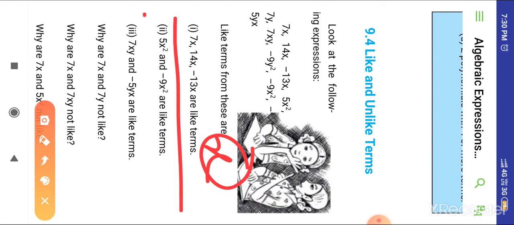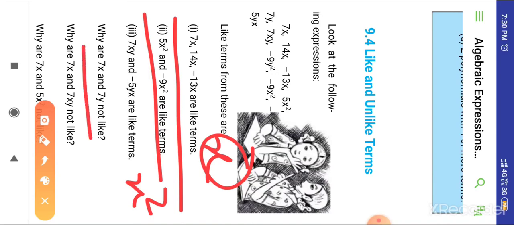The first question of exercise 9.2 is: find the sum, and the first part is 5 upon 4 plus minus 11 upon 4. So students, we cannot add any two rational numbers without equating their denominators.